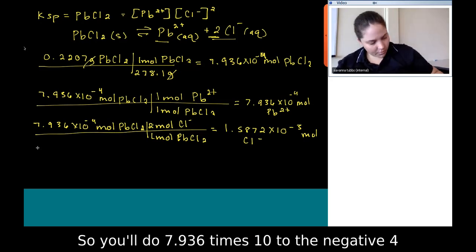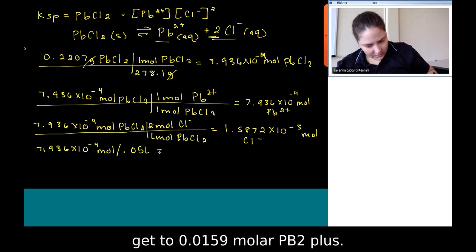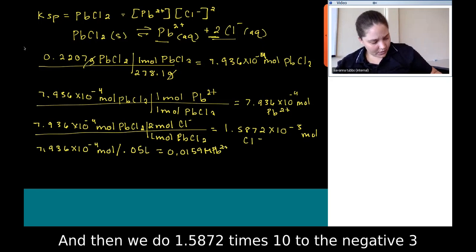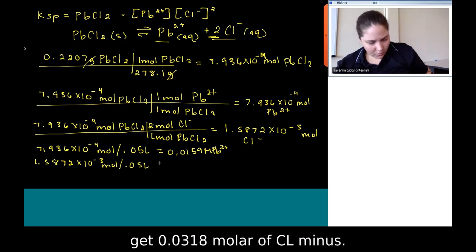So you'll do 7.936 times 10 to the negative 4 moles divided by 0.05 liters, and we'll get 0.0159 molar Pb2+, and then we do 1.5872 times 10 to the negative 3 moles divided by 0.05 liters, and we'll get 0.0318 molar of Cl-.